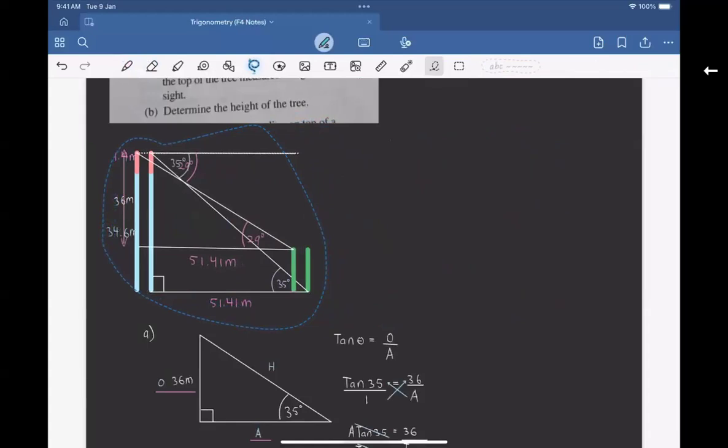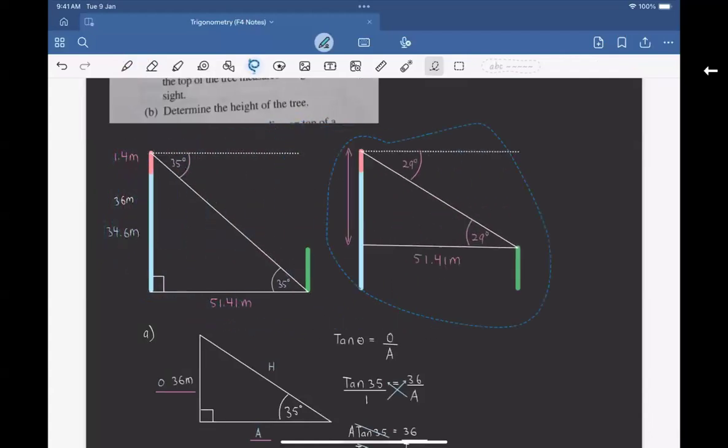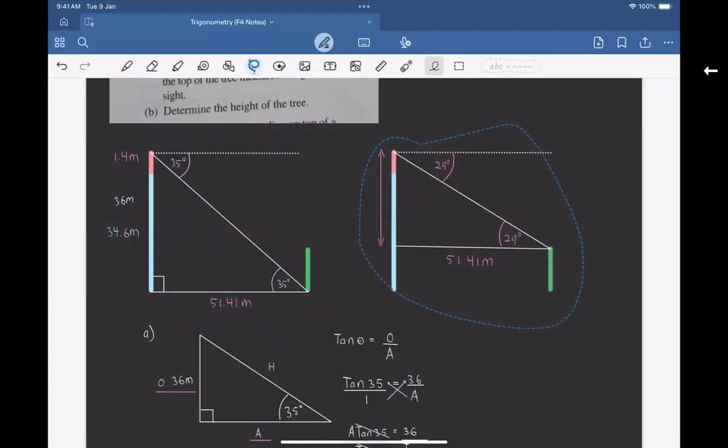Well, I think if you find that length, you're going to have to add the height of the building and the lady, and then subtract it from the height you're looking to find. That is correct. So whatever height we get for the pink, we're going to subtract it from 36, and that will be the remaining height of the tree.